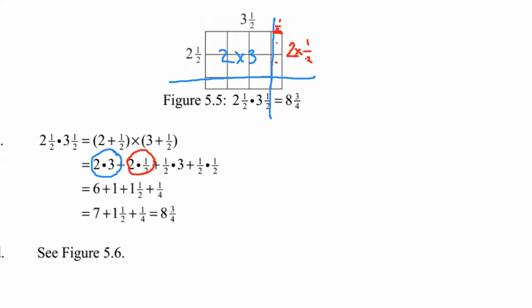We also have in this spot a little half times 3, because we only go a half right here, but then we go 1, 2, 3 across. There's our half times 3, and then our half times a half, which is right here. So if you have colors, you can illustrate through colors. I often will label, just A, B, C, and D if I don't have colors.